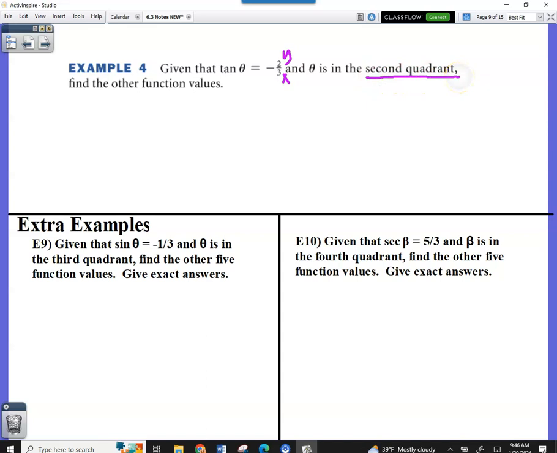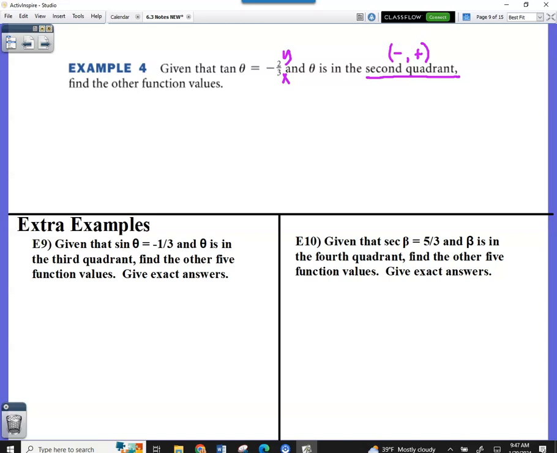If we're in quadrant 2, so draw a C, quadrant 1, 2, which means x is negative, y is positive. So that tells me right here that x is negative 3, y is positive 2.